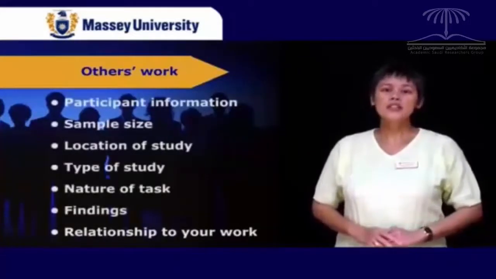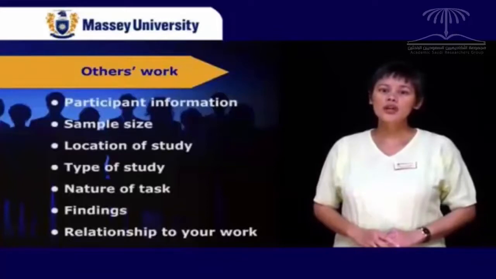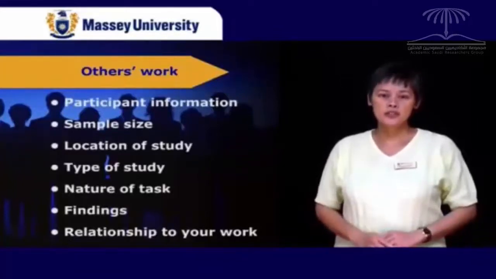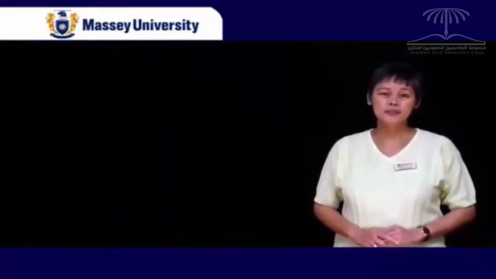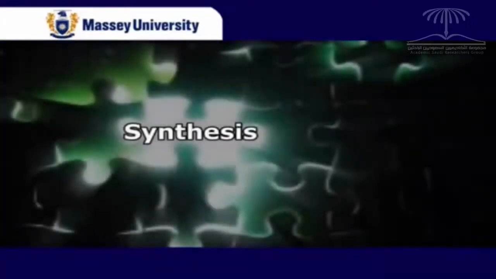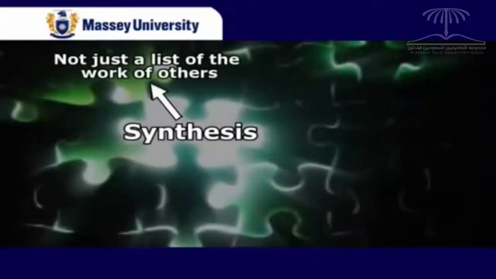However, when summarizing the information, make sure you also synthesize things. But what does it mean to synthesize, and how do we do this? Synthesizing means not just listing what the different researchers did and what their findings were.